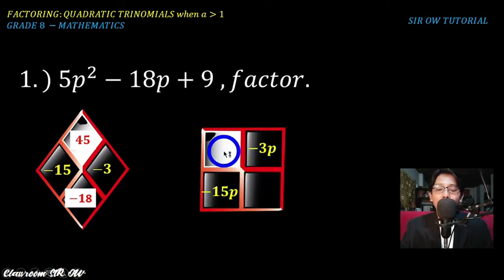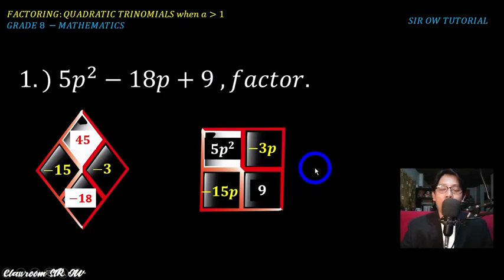And what will you do with the first and the fourth window? We just write the first term of the quadratic trinomial, 5p squared, and the last term, which is 9. So we have 5p squared and 9. The next step is we will factor out 5p squared, which is 5p and p.